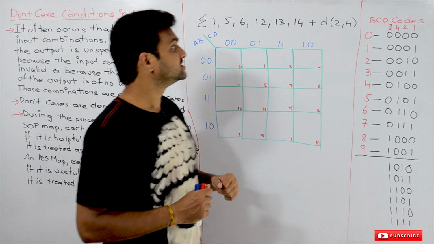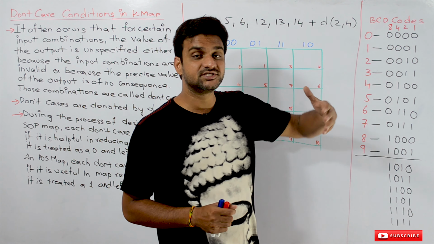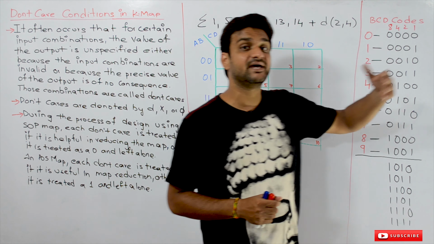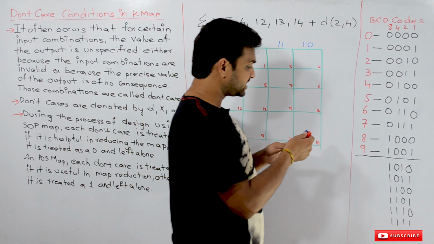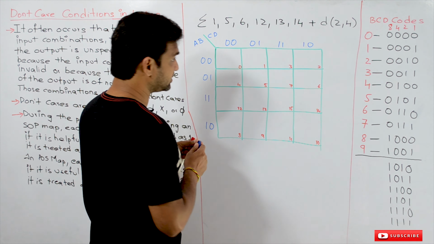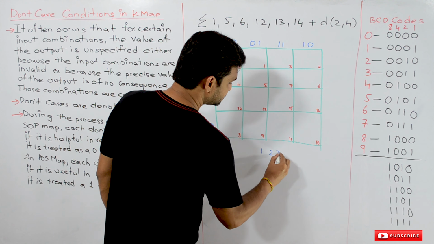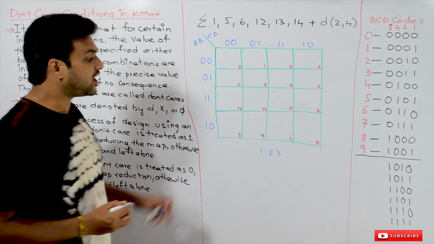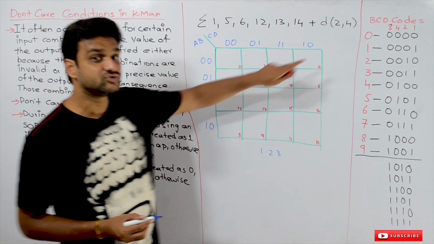Now coming to this class, BCD code is another way to represent binary numbers. For example, if you take a decimal number, 1, 2, 3, it can be represented using BCD codes.